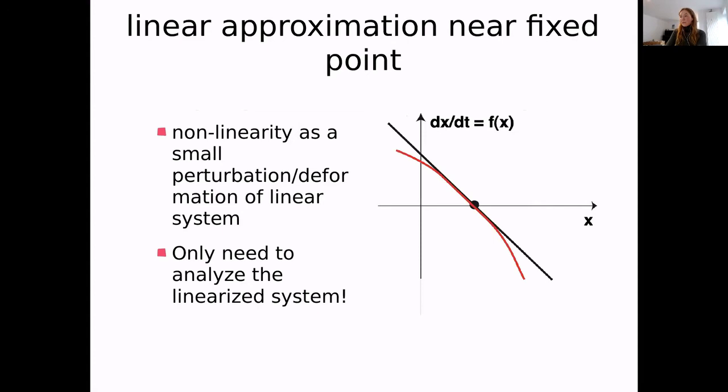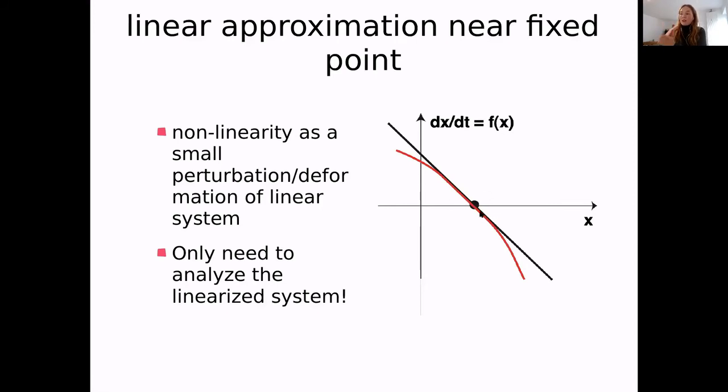Good. What we usually do, even when we have a nonlinear system, is approximate it by a linear function close to our fixed point. So now our nonlinear system would be the red line, and what we simply do is draw a linear function through the fixed point, which has, of course, the slope of the nonlinear system at this point.